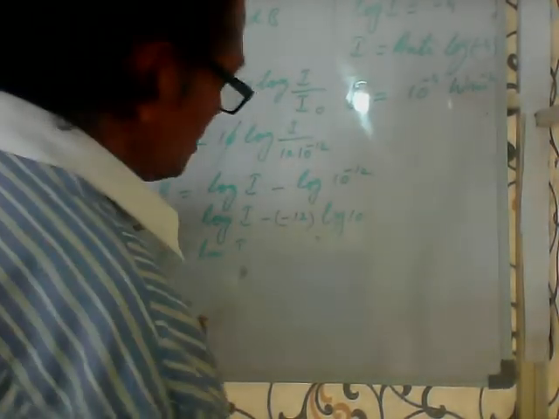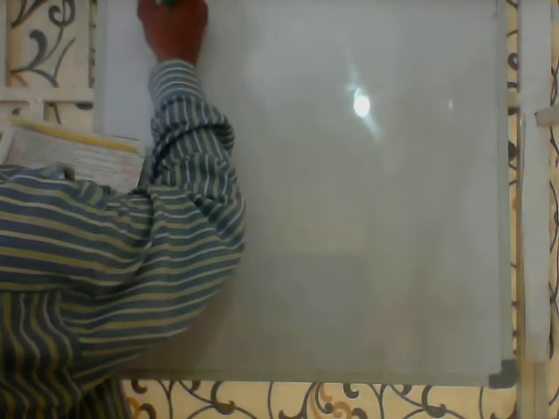Now we will solve numerical number 11. In problem 11.3, at a particular temperature the speed of sound in air is 330 meter per second.